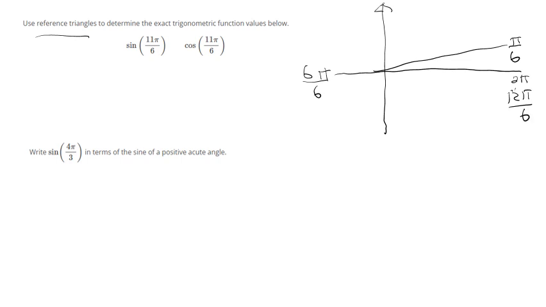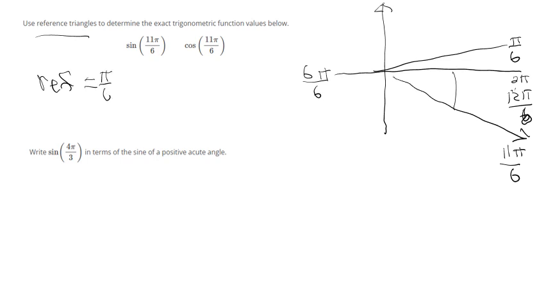I was drawing a blank there for a second. Okay, so 11 pi over 6 is going to be in this quadrant here. So the reference angle is pi over 6.